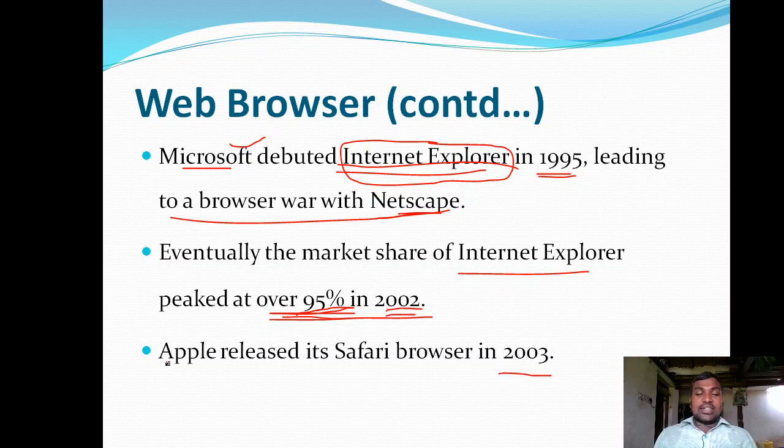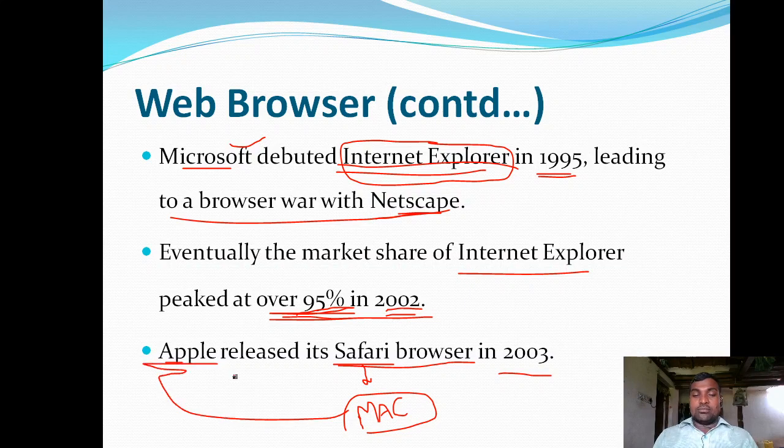Even though in 2003 Apple released its browser with the name Safari, it was not as popular as compared with Internet Explorer. Why? Because the Safari browser is designed for the Mac operating system, which is an operating system of the Apple company.